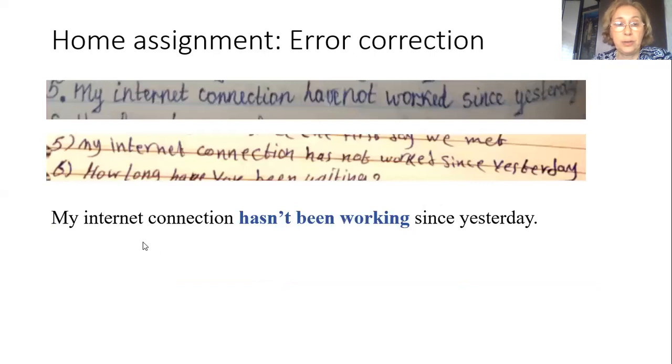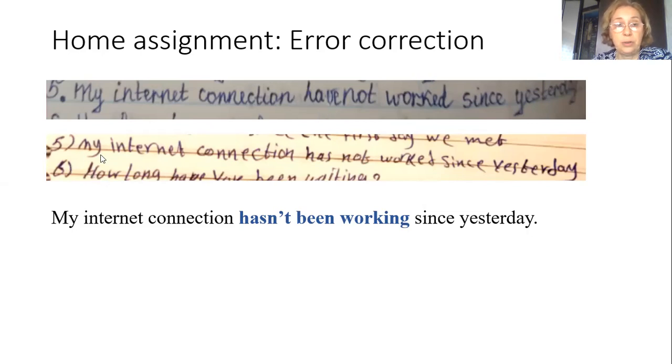And two more sentences. Some of the students have written: my internet connection haven't worked since yesterday. It's okay with the use of present perfect, but don't forget that internet connection can be replaced with the pronoun it. In this case, we need to change the form of have: hasn't worked.